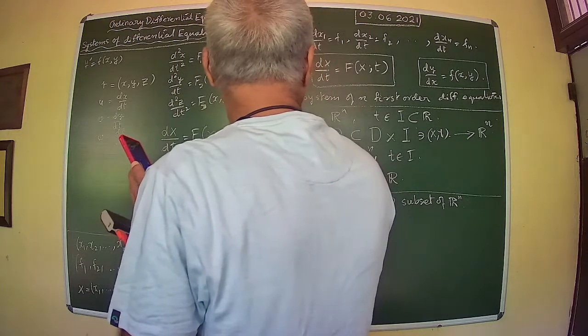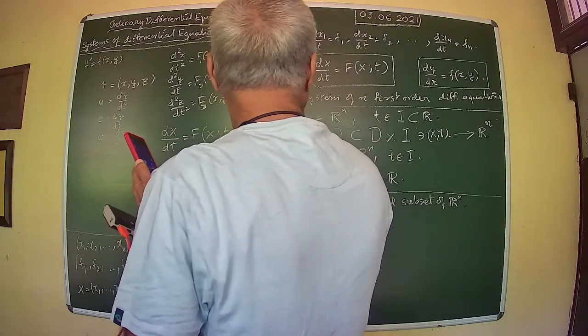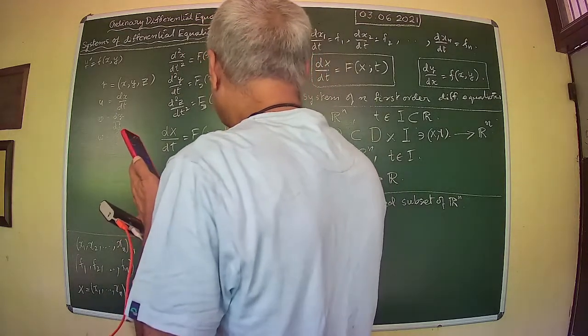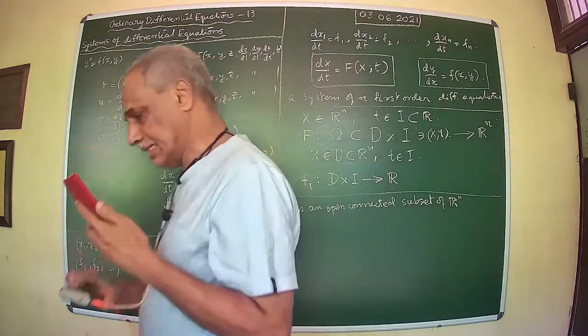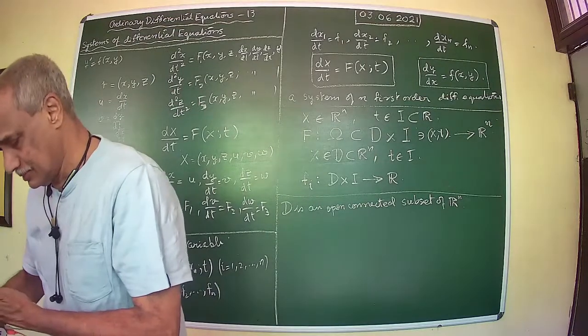Because you have f1, f2, etc., fn, you are writing f(x,t) as f1(x,t), f2(x,t), etc., fn(x,t). Is that all right?